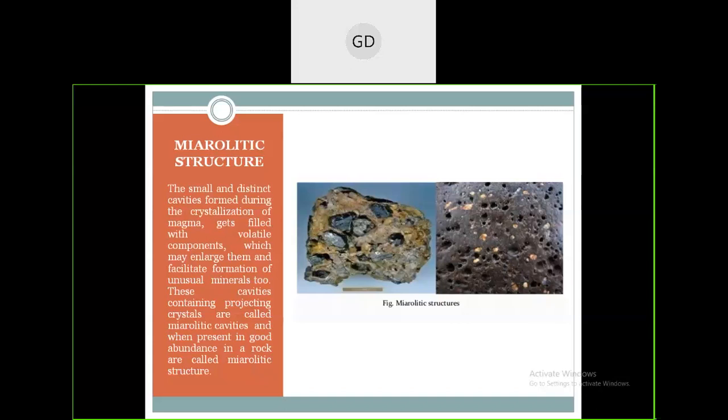So these cavities contain some unusual minerals, and they are known as amygdaloidal cavities. When these cavities are found in abundance, that is known as your amygdaloidal structure. In the rock you can see here, it is an amygdaloidal structure. Like the vesicular, it has cavities, but here the cavities are filled by volatile components.